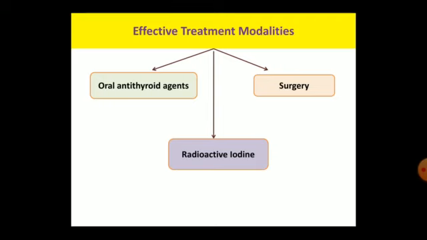Now about the oral antithyroid agents. If a newly diagnosed case is there, one has to start with the oral antithyroid agents, and if at all the patient is not able to tolerate this antithyroid drug, which is very rare, or if the thyroid level is not controlled with the oral antithyroid drug, then one has to think about radioactive iodine or surgery according to the patient profile.